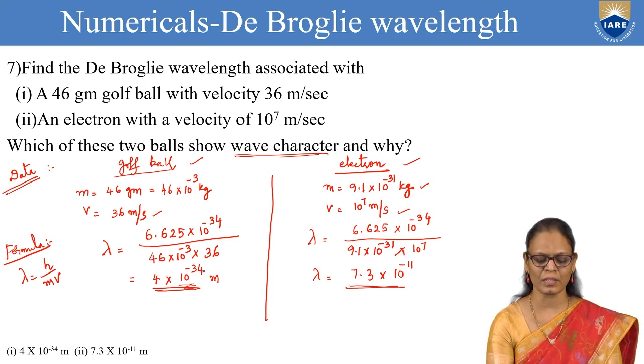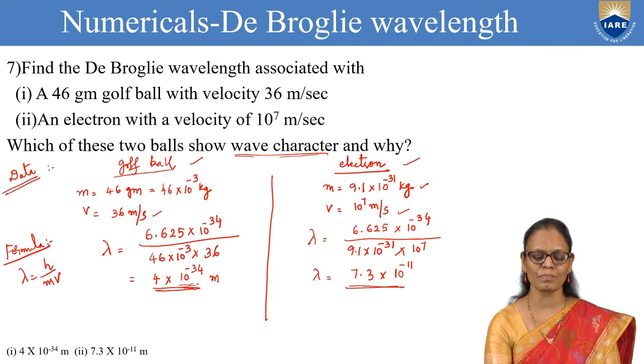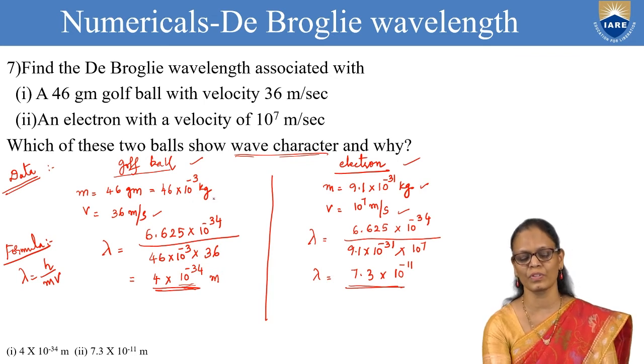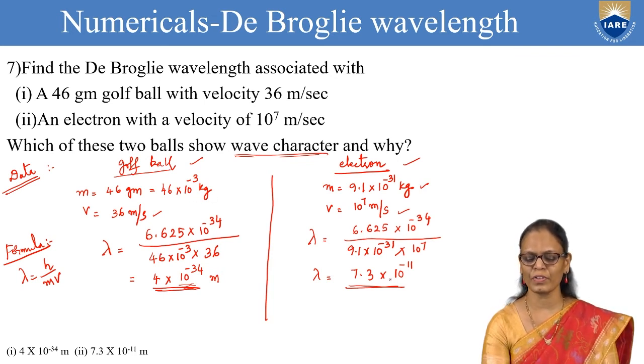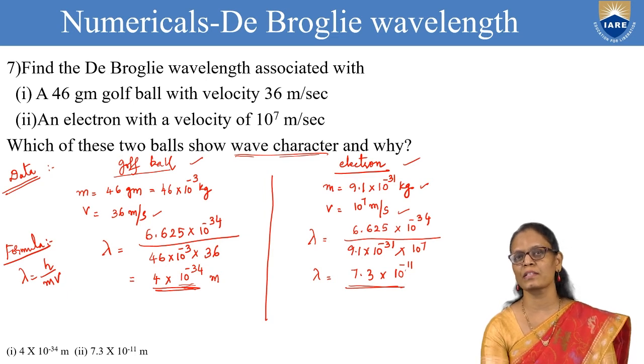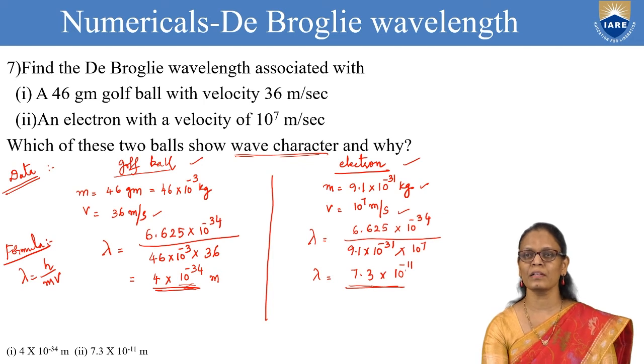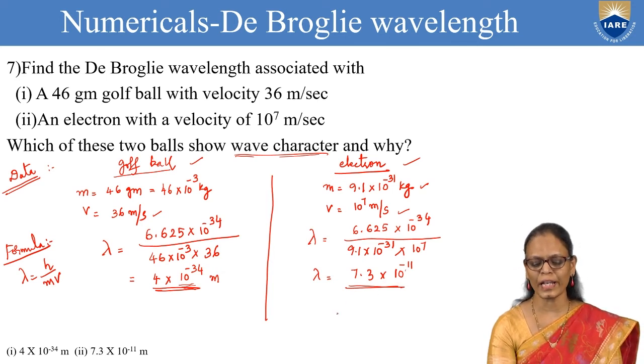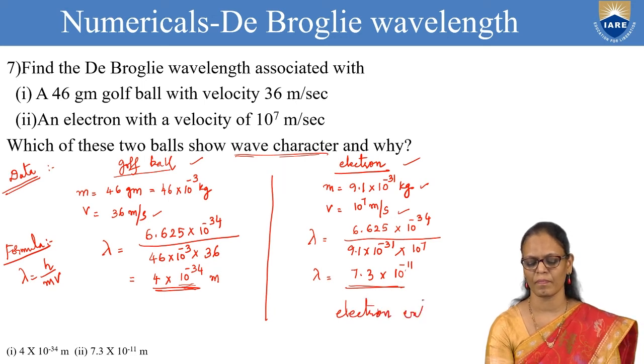Now 10 power minus 34 is too small a value when compared with the size of the golf ball. And here lambda is 7.3 into 10 power minus 11, and when you compare with the size of the electron, which is of the order of 10 power minus 10 meter, they are nearly equal. So only the electron exhibits wave character.